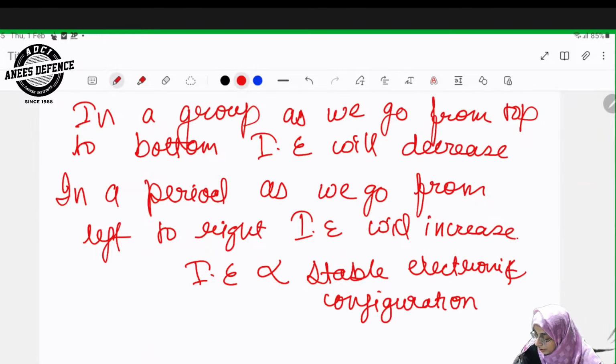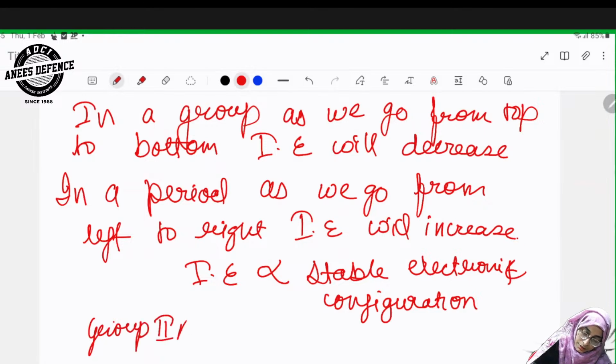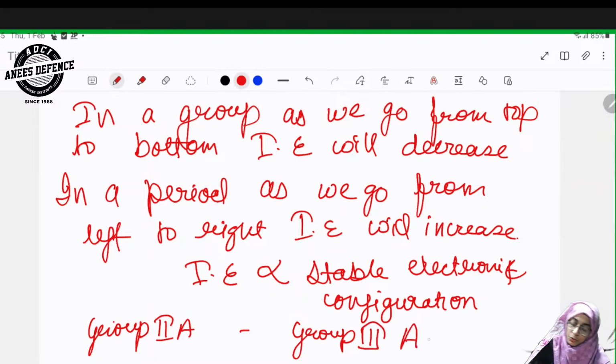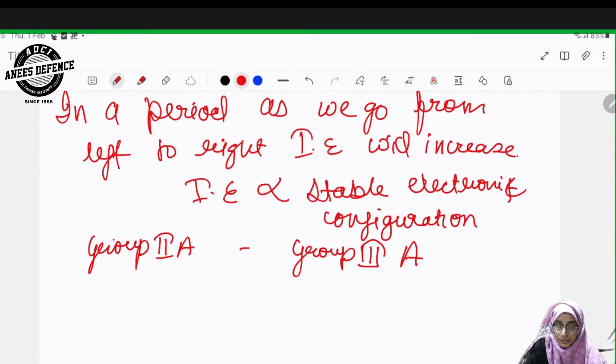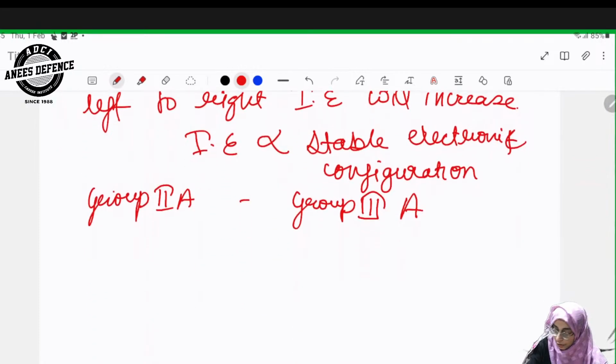If we compare group second A and group third A, which will have a higher ionization energy? Group second A. Because what is the configuration of group second A? The electronic configuration of group second A is ns2.